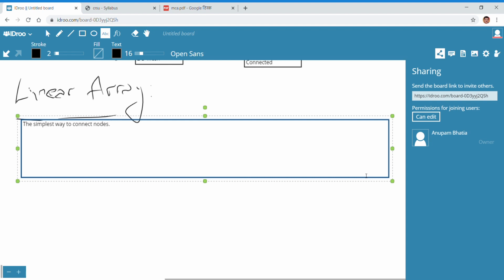It is just like a simple bus network. It is low cost and requires only degree 2.